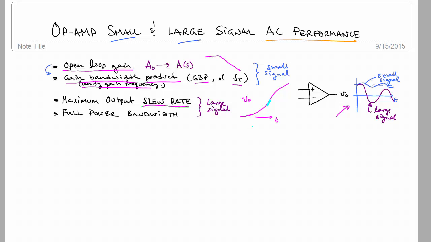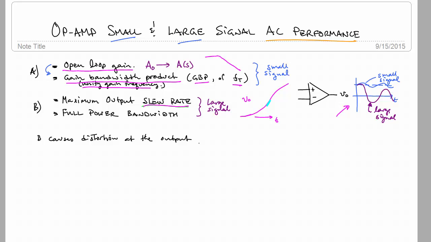So an important thing to keep in mind is that if I say this is group A and this is group B here, we would say that B causes or results in distortion at the output, or distortion of the signal as it gets processed.